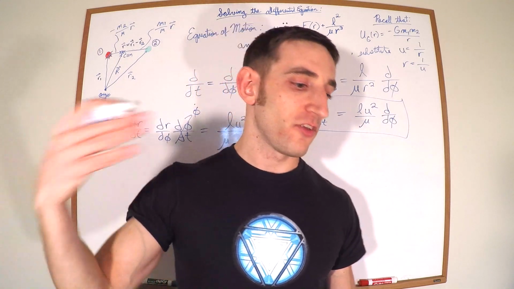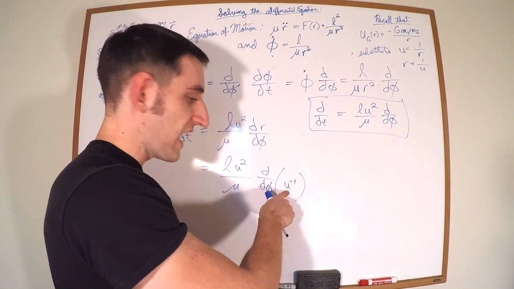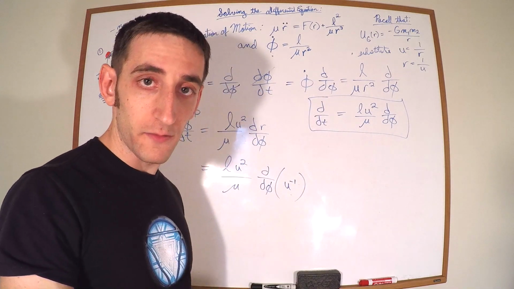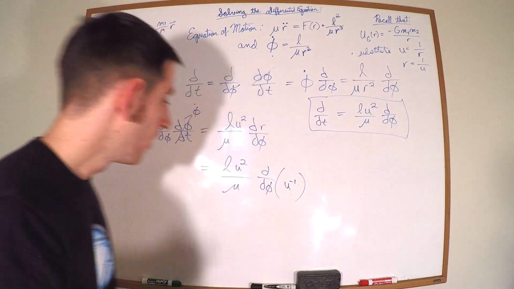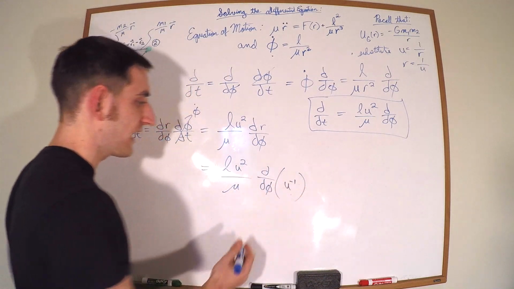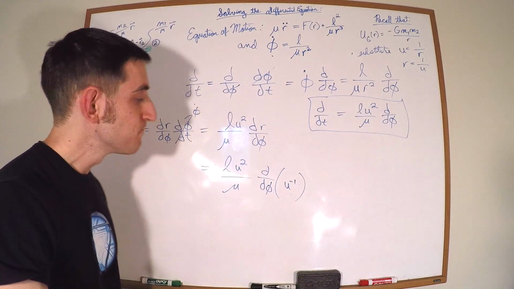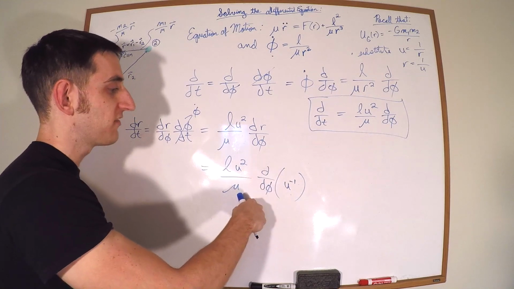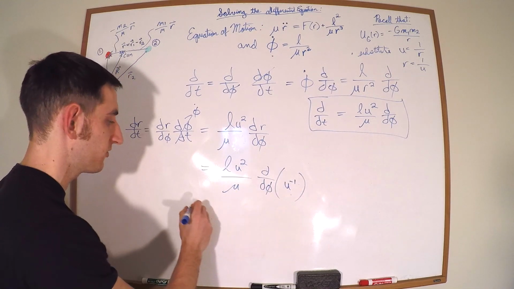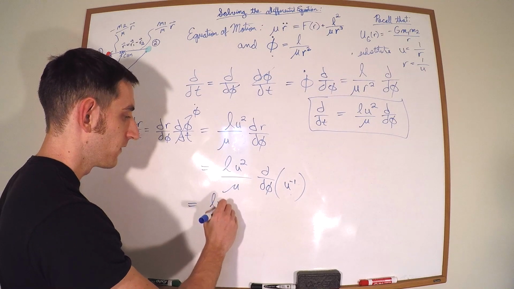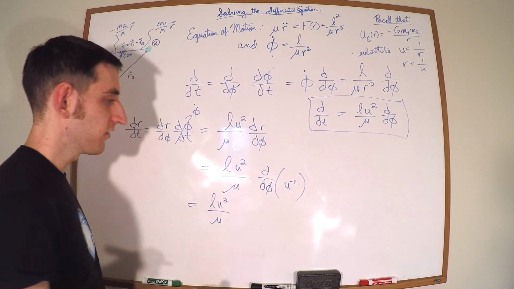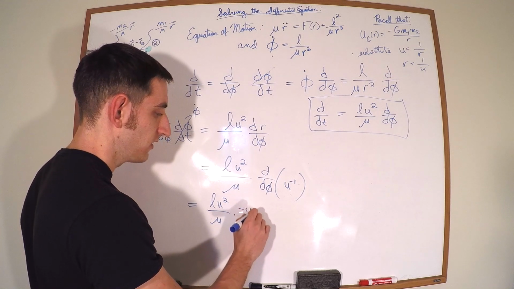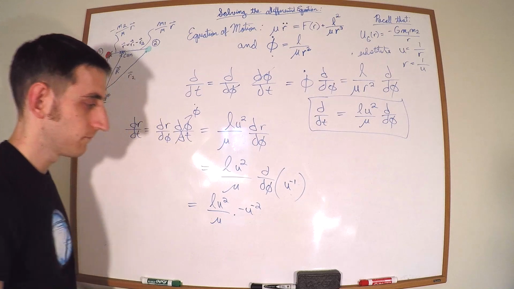You would take the derivative of this and take the derivative of what's inside. We're going to do the same thing, because what is inside can change this. So we end up with u to the negative 1. If we take the derivative with respect to phi, the negative 1 drops down, and then we subtract 1. So this becomes L u squared over mu times negative u to the negative 2.